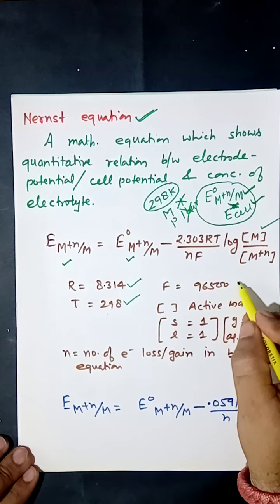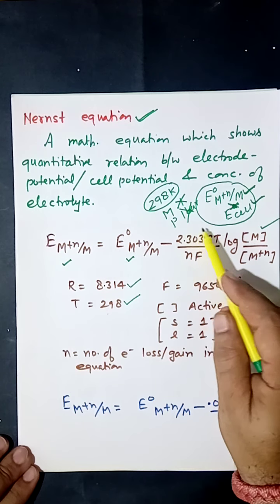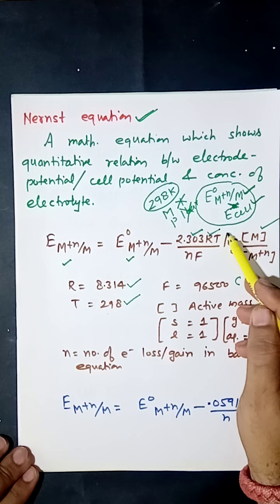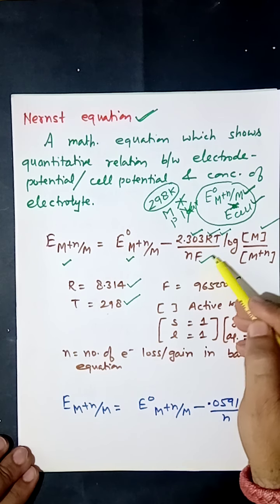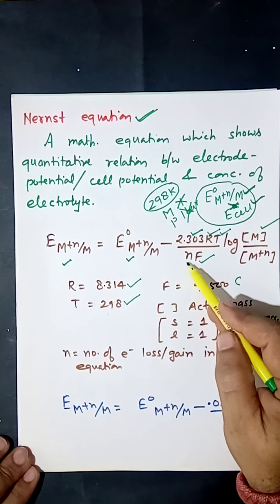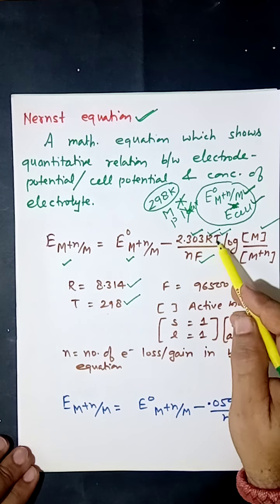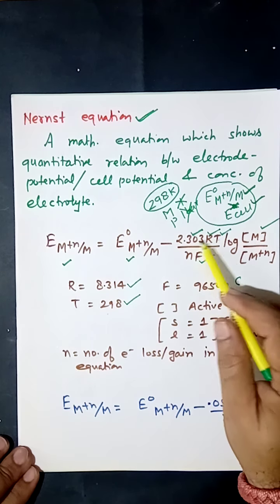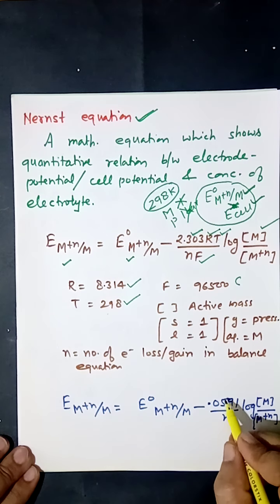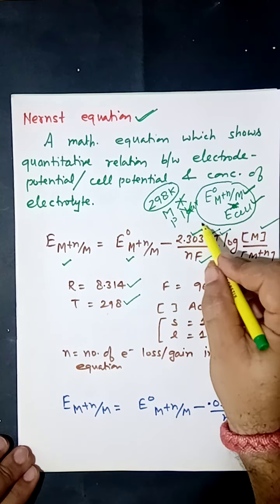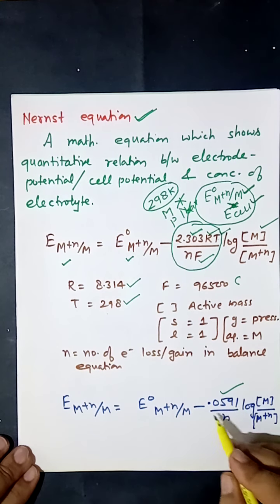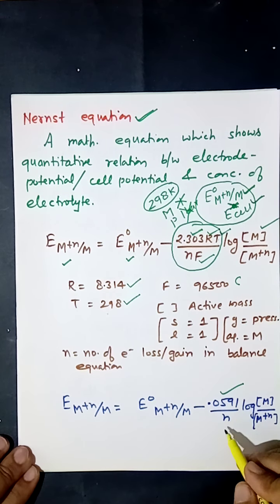It is 96500 coulomb. So if you carefully look at this, the first number is constant, R is constant, T is constant for us, F is constant. So the only variable is n. If you place the numbers 8.314, 298 and 96500 here, when you solve, you will get a constant. In place of this, you can directly start the numerical from 0.0591 upon n.